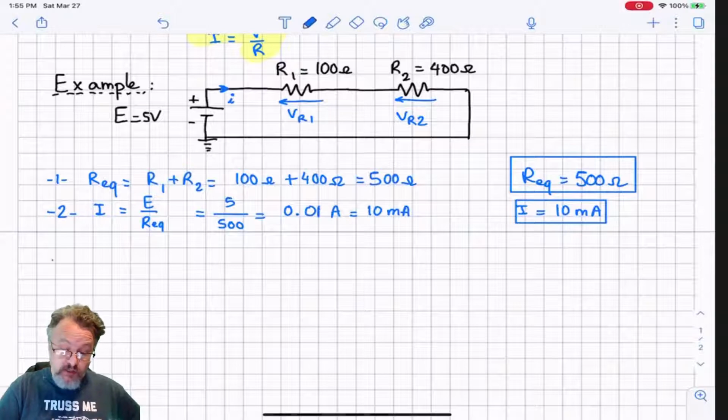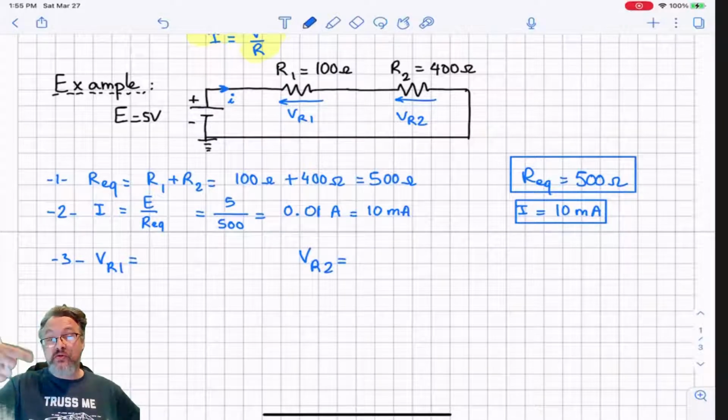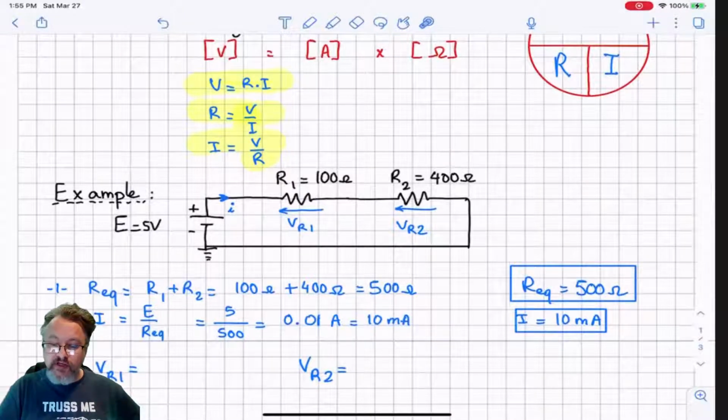Okay, so now we're going to calculate VR1, and we're going to calculate VR2. So we are calculating a voltage, and like I told you earlier, we're going to use Ohm's law again. So if I go back up here, what Ohm's law do I use if I want the voltage? This one. The voltage is a resistance times the current.